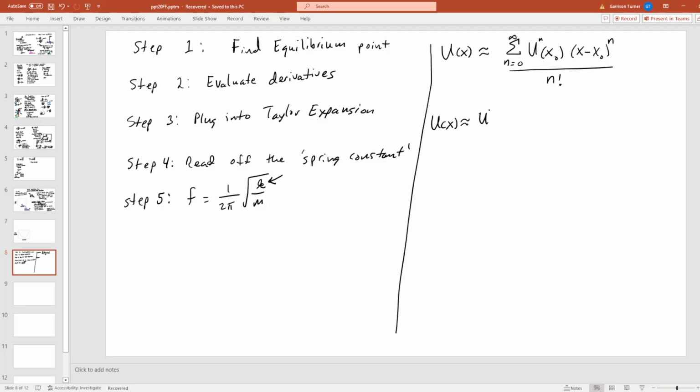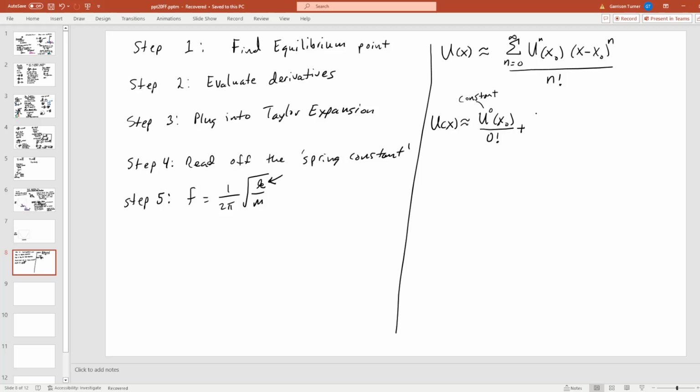so the 0th derivative evaluated at the equilibrium point divided by 0 factorial, okay, this is just going to be a constant number. Because all I'm going to do is plug in the equilibrium point into my function, evaluate that, and then divide that by 0 factorial, which is 1.